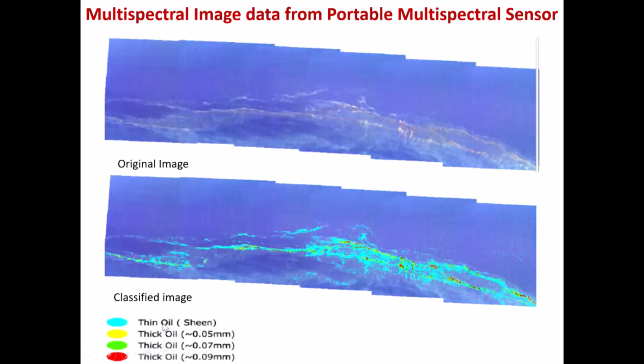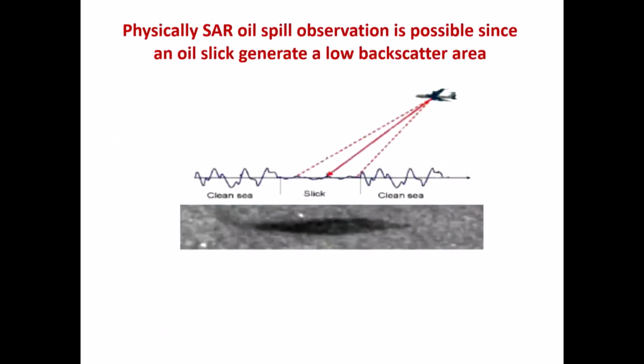Thin oil is in this color, yellow shows an oil thickness of 0.05, the green patch shows a thickness of around 0.07 millimeter, and the red patches have a thickness of 0.09 millimeter. So you can relate this thickness and use the multispectral data, that is visible remote sensing data, to find out the thickness of the oil.